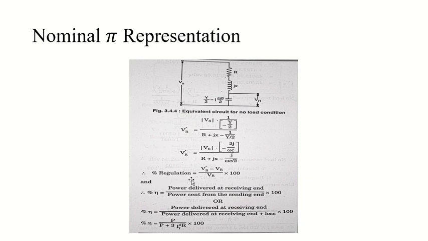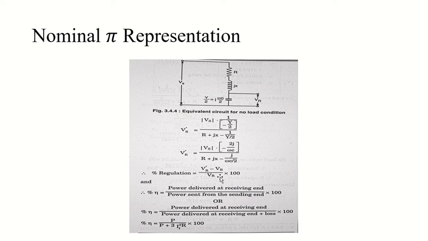And voltage regulation again can be given by this formula: Vr dash minus Vr divided by Vr into 100. Here we took the no load voltage as Vr dash, and Vr is my full load voltage, right?